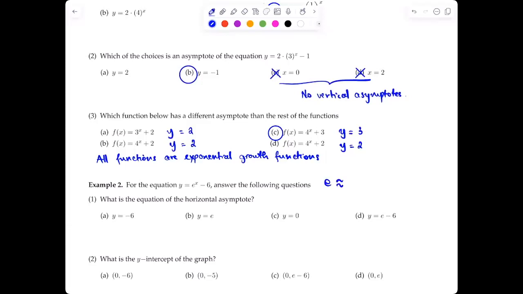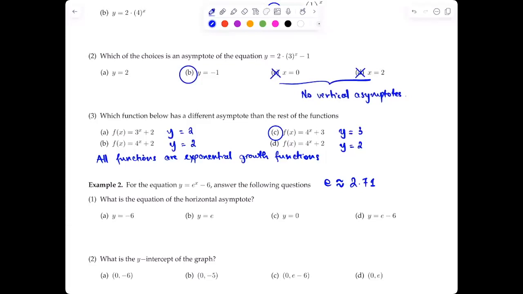Because this number is greater than 1, this is called an exponential growth function. You will more likely see an exponential growth function written in this form, e to the power x. The -6 is there for you to see that we do transformations by shifting the function e to the x down by 6.